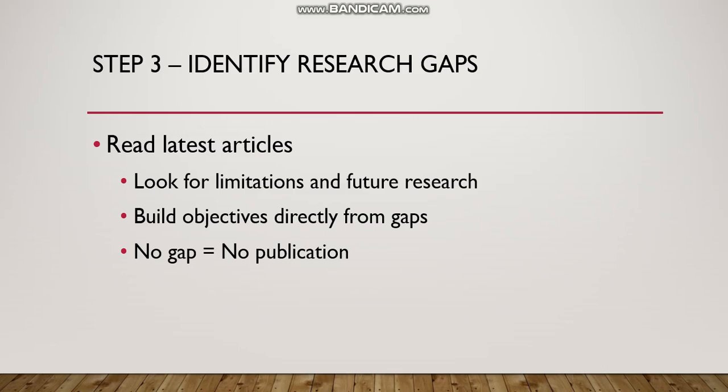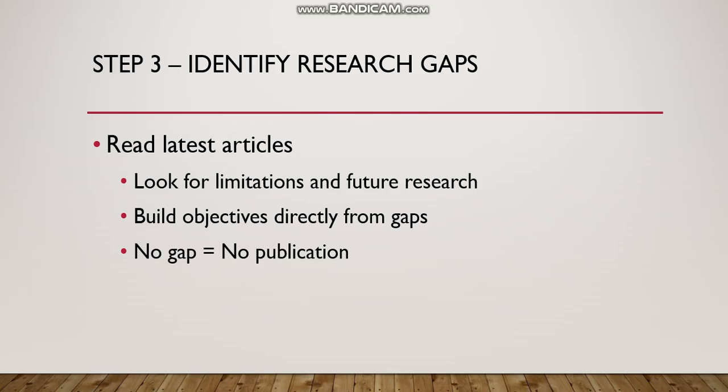All right, so you should read the latest articles in that particular area you've identified. Don't just read superficially; look for limitations, look for "however" statements, look out for the future research sections, and those gaps will help you build your own research objectives.